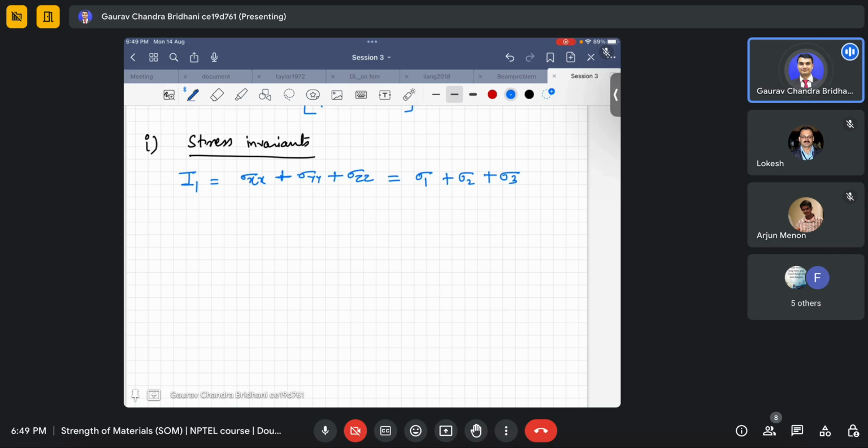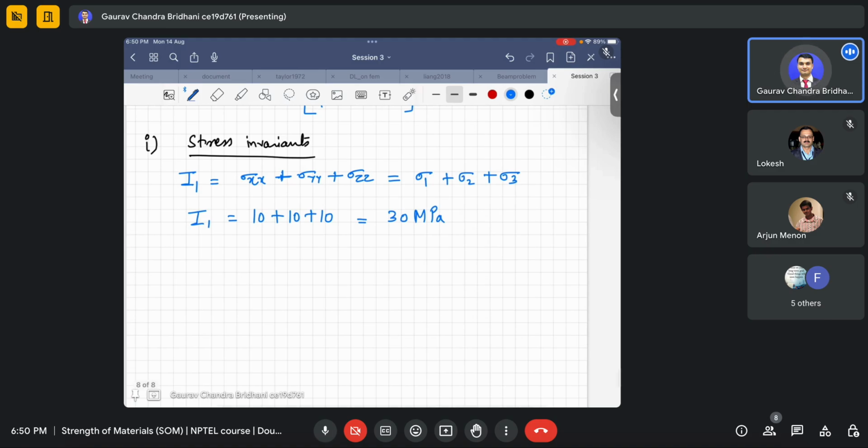This representation is for a general stress tensor, and this is specifically if you have principal stresses. As I told, it is a stress invariant, so it will remain the same for a given state of stress. From here, the value of each is 10, so it will be 30 MPa. So this is the first stress invariant, I1.